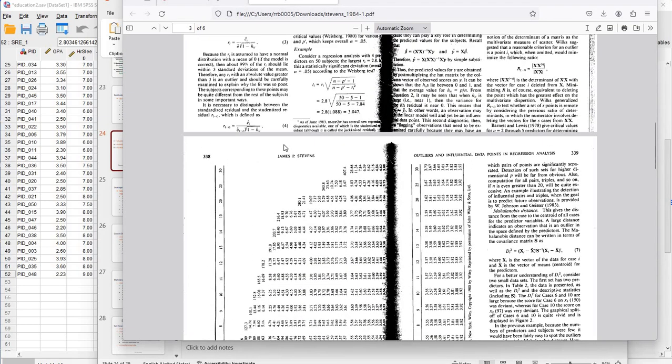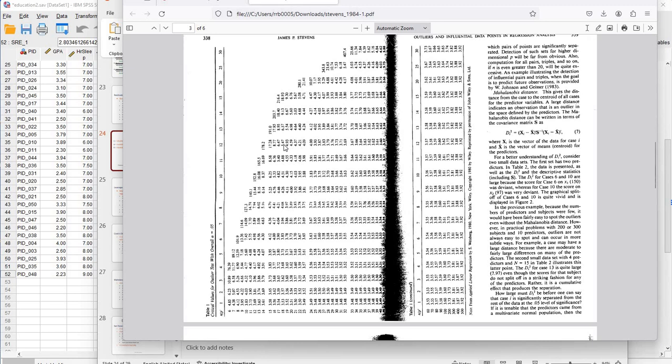And then on page 338, we see our critical values for our outlier test, and this would be for our studentized residuals. So our very first column down here on the left-hand side, remember you have to turn your head sideways here, that first column going down where my cursor is, is our number of observations.